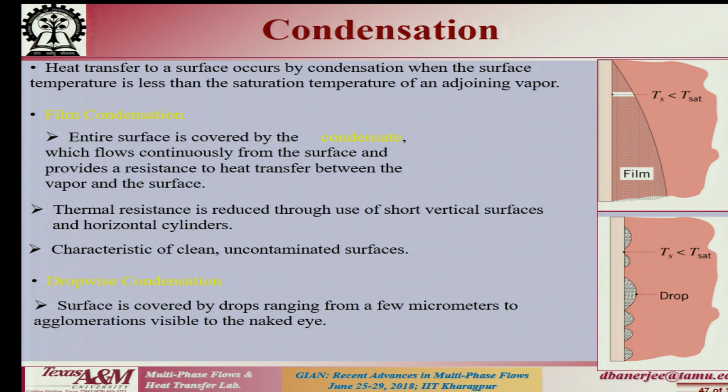Okay. Now, this typically happens if the surface is wetting, which means the contact angle is less than 90 degrees for that particular vapor or liquid. Now, if you have a surface which has a very low surface energy, remember we talked about the Lennard-Jones potential, A by r to the power 6 minus B by r to the power 12.